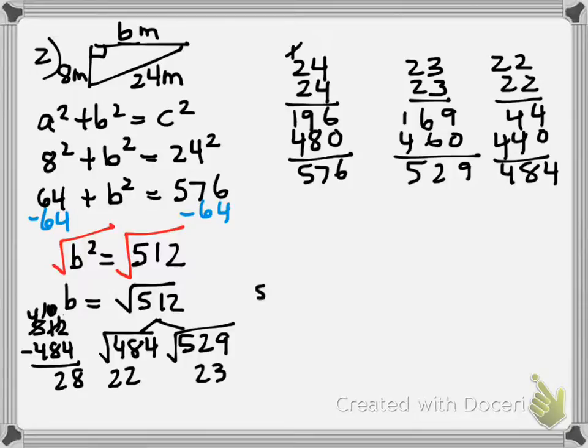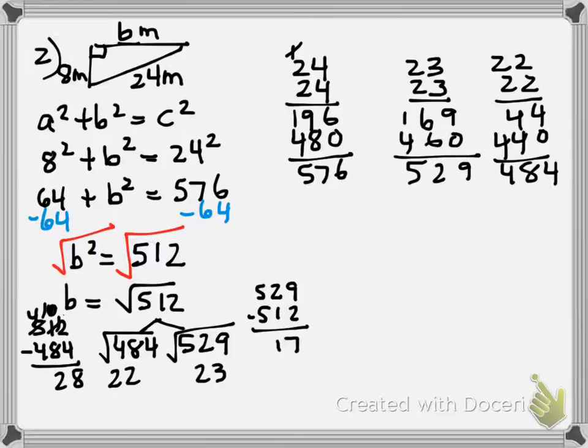And then I'm going to subtract these two. And I get a difference of 17. So much closer to the 23. So when I start guessing, I'm going to guess a number closer to the 23. So I'm going to guess between 22 and 23, closer to the 23.